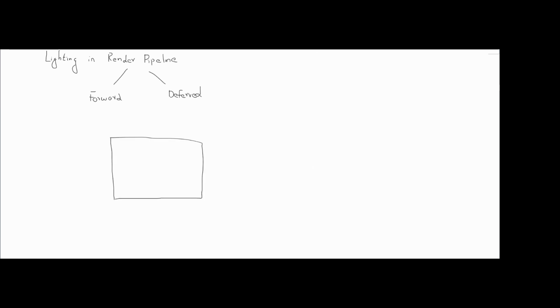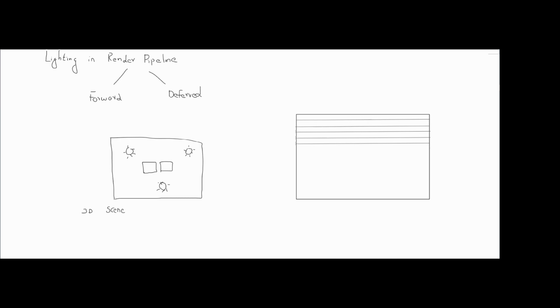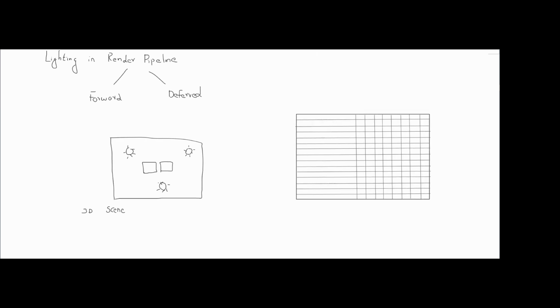For example, we have a 3D scene with two objects and multiple lights. This is a 2D screen. In the case of forward rendering, we have two objects, one and two, and for each object, we calculate the light from each source and finally calculate the color of that particular object.